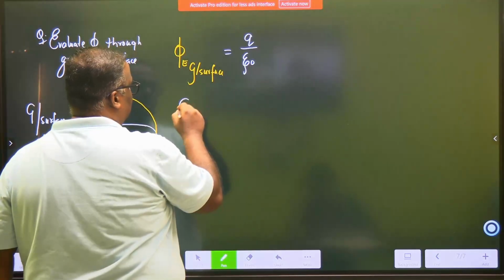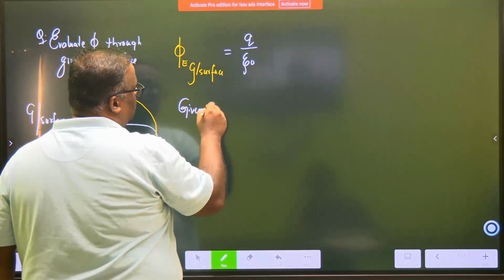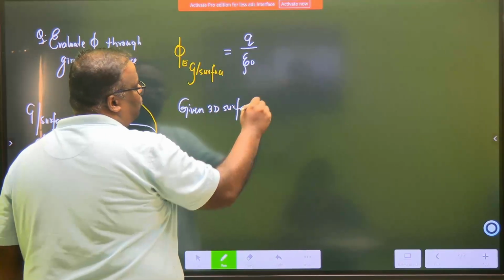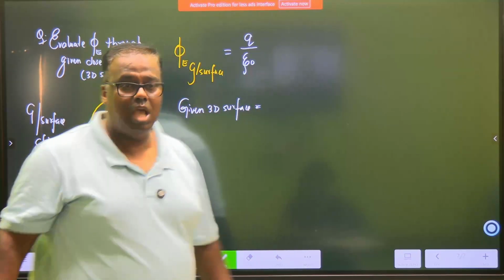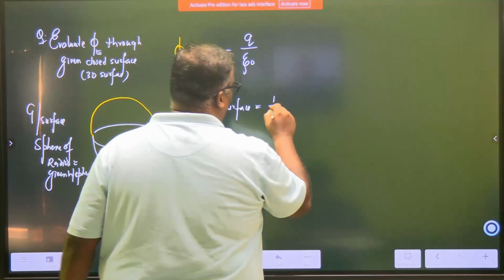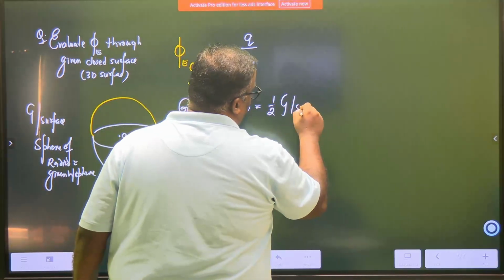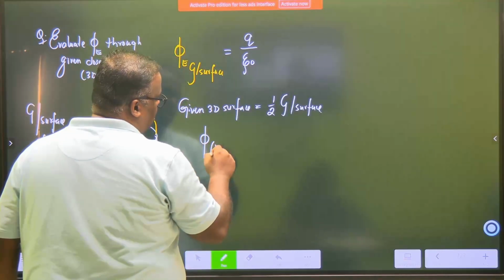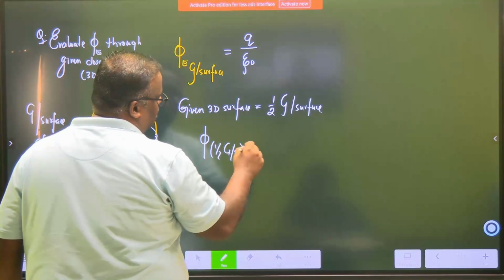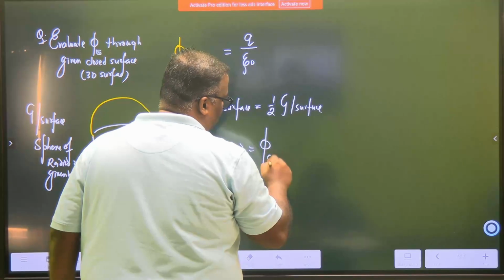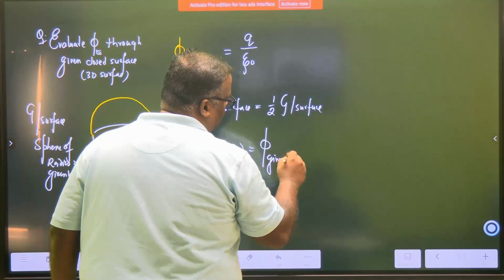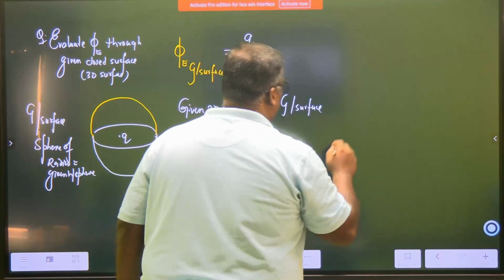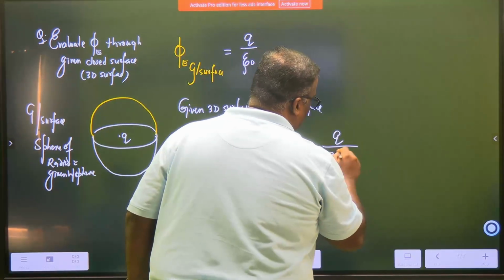Now, given 3D surface is how much proportion of the Gaussian surface? Half. Half of the Gaussian surface. So phi through half Gaussian surface is equal to phi through given 3D surface, and this should be equal to how much? Q by 2 epsilon naught.